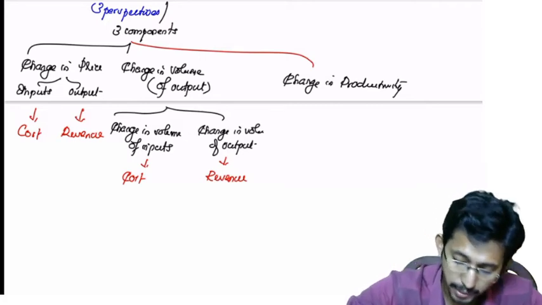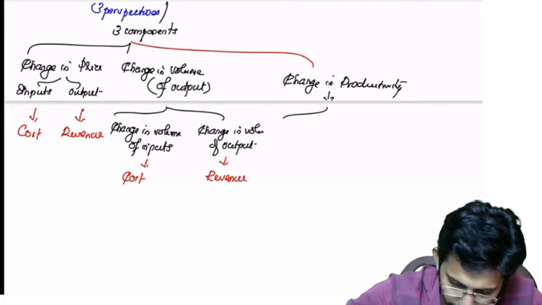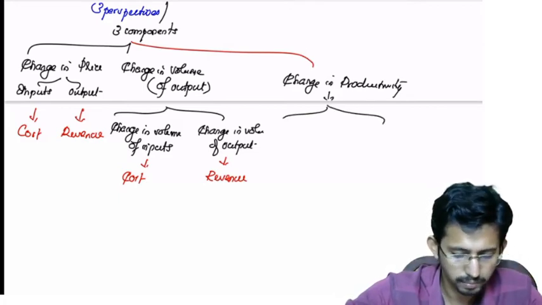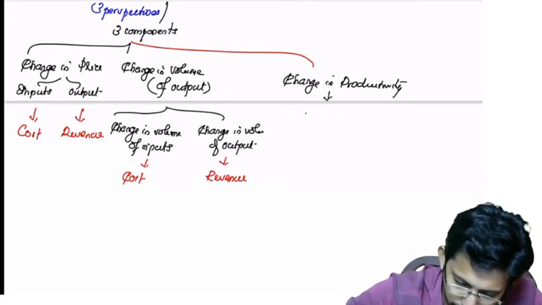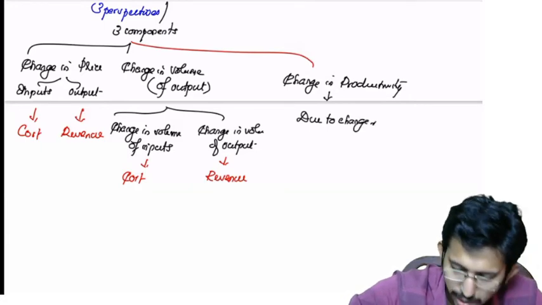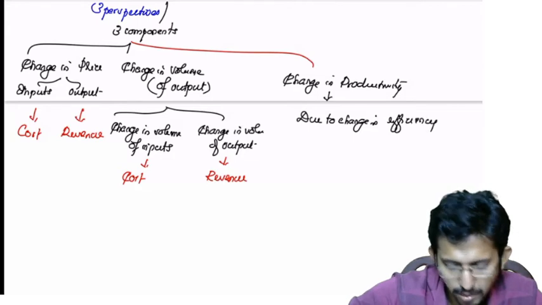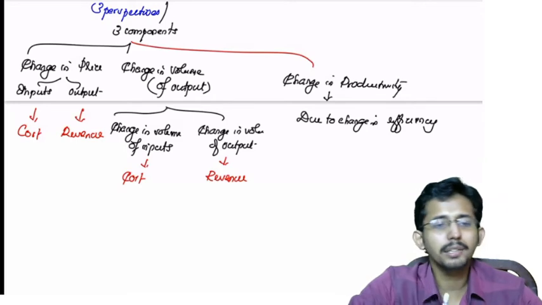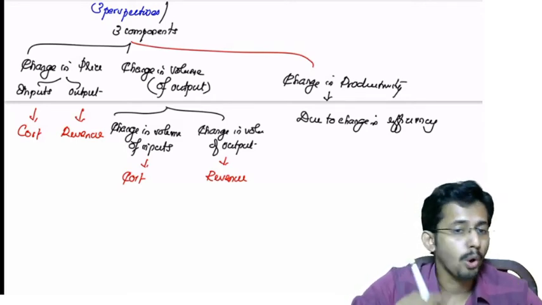Change in productivity is due to change in efficiency. Any change in efficiency, whether it is an increase or decrease, is going to affect what? It is going to affect the cost.